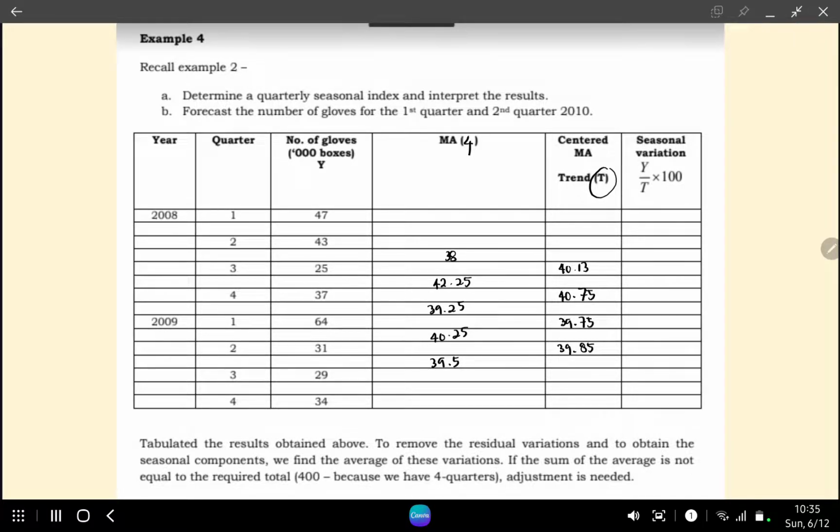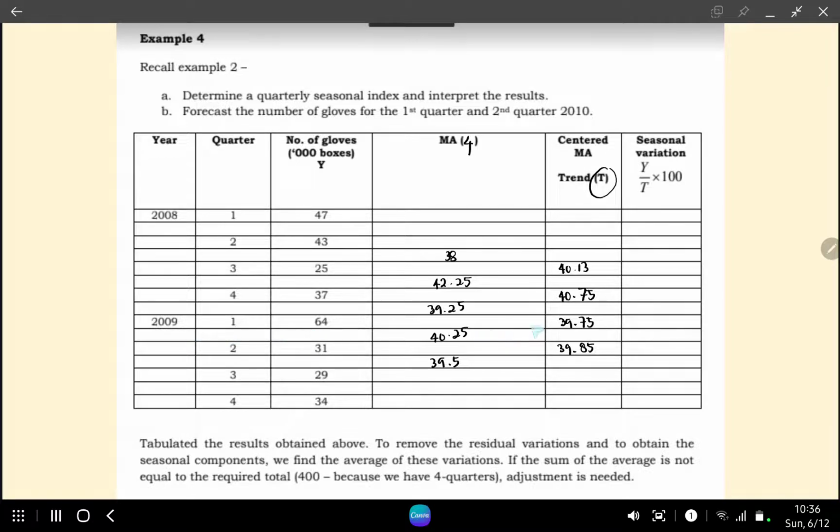In this column you can see that we only have the values for trend. The trend of 40.13 is for quarter 3 of year 2008, and we have the values for quarter 4 2008, quarter 1 2009 and quarter 2 2009.